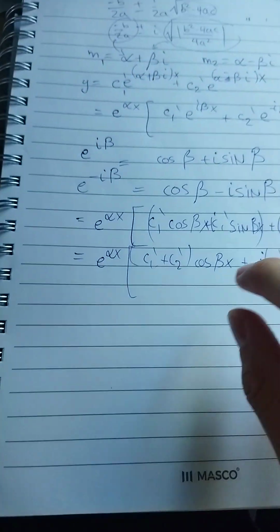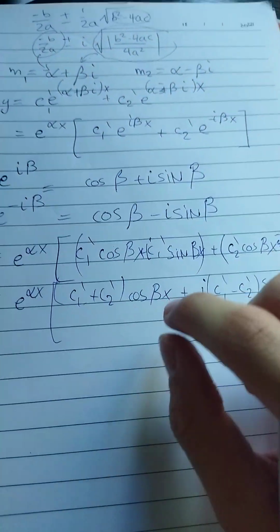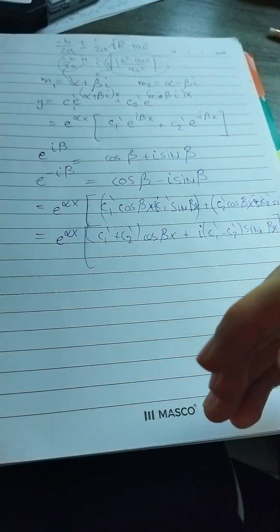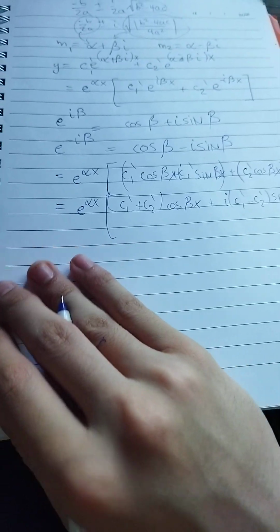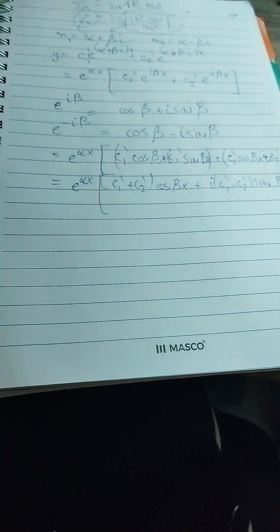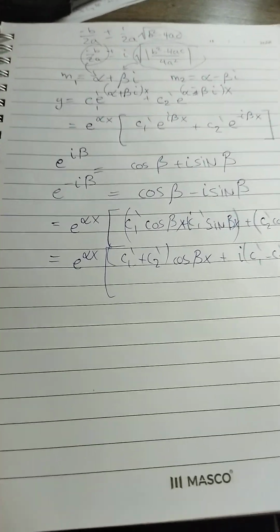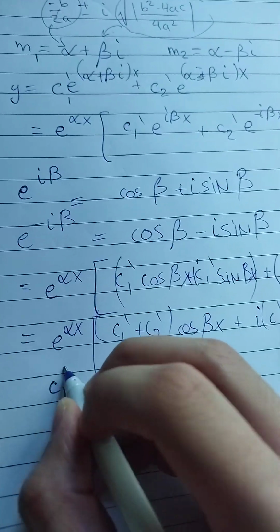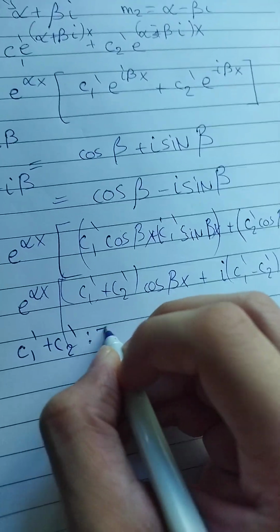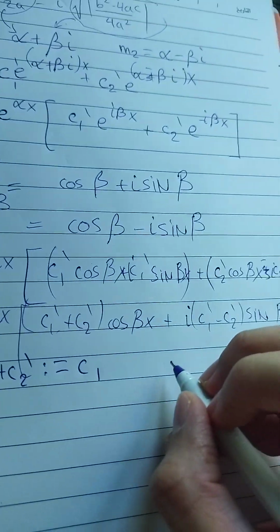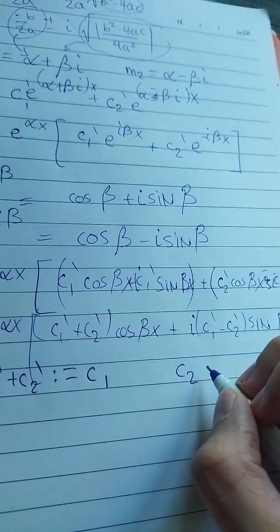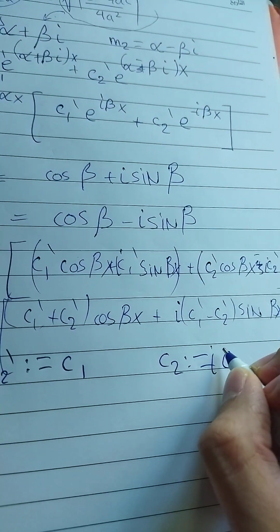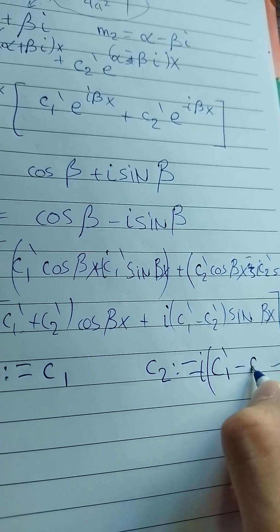So this is one alternate form of the solution, or you can simplify it further into something that would look familiar to people who have taken harmonic motion. We define c1 prime plus c2 prime to be a new variable c1, and we define c2 to be i multiplied by c1 prime minus c2 prime.